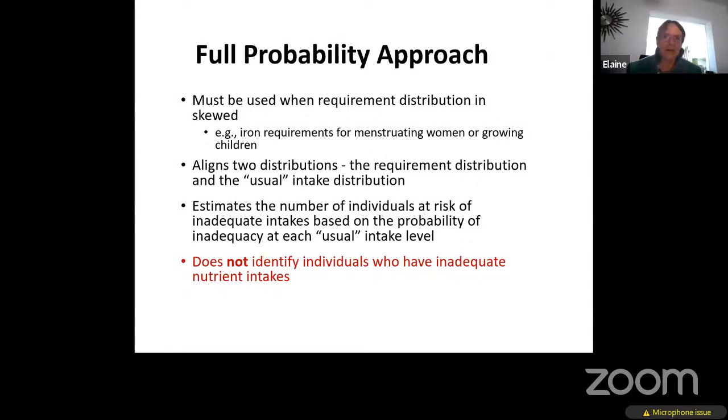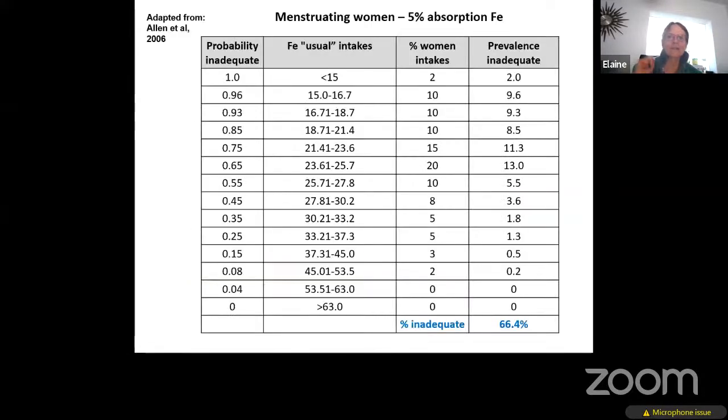So the other method is the full probability approach, and this must be used if the requirement distribution is skewed. For iron requirements for menstruating women or growing children, we always have to use the probability approach. Again, it doesn't define the individuals who are at risk, but only the population level.